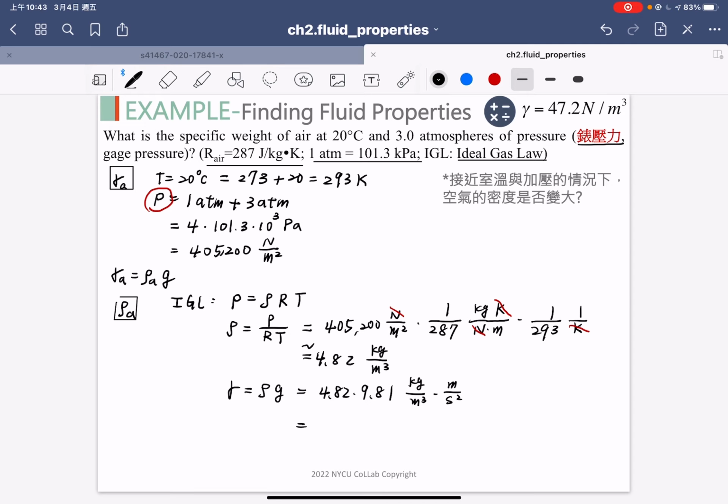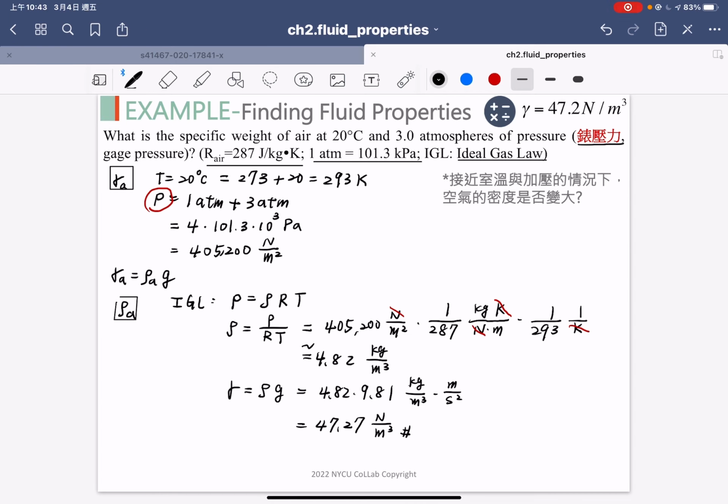Okay? So use your calculator to compute the final answer. It's around 47.27 Newton per meter cubic. So this is our final answer.